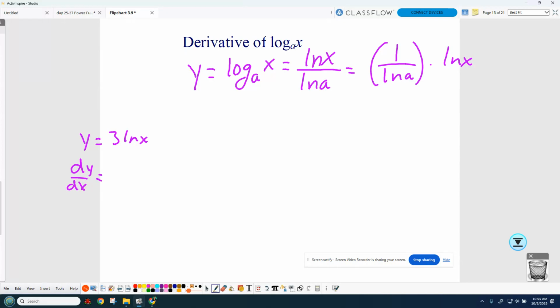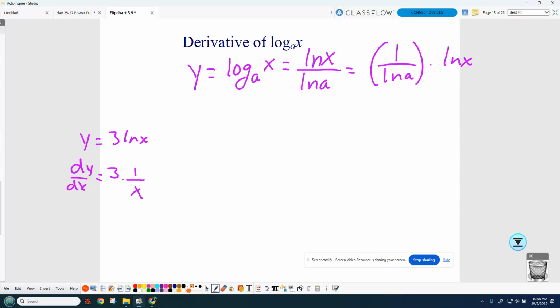If I asked you, what's the derivative of 3 natural log of x? Francesca, what would you say? It's 1 over x times 1. Well, but the 3 stays there, right?